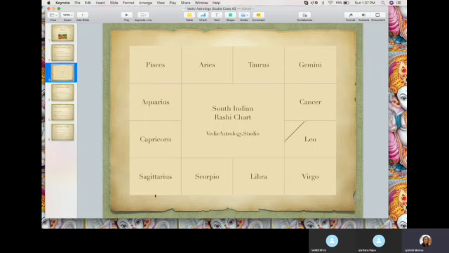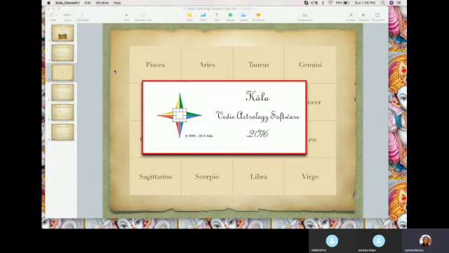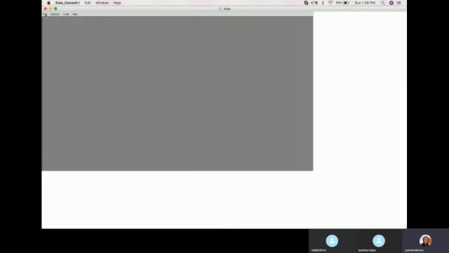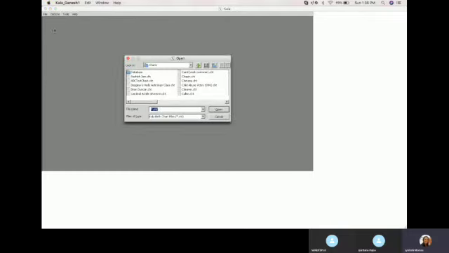Eventually you will have these spaces memorized, and all you'll see are the planets in the spaces. You won't necessarily see that it says Virgo or Pisces. And I'll show you an example of a chart. Let's open a chart here.